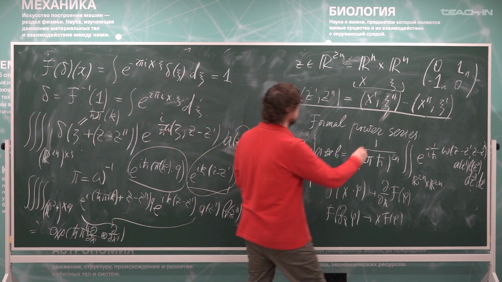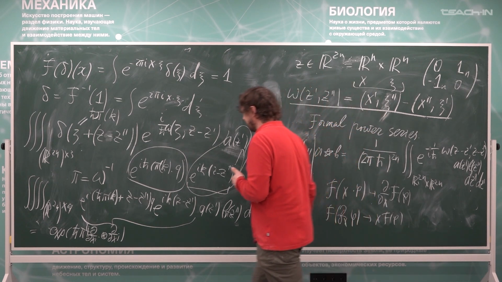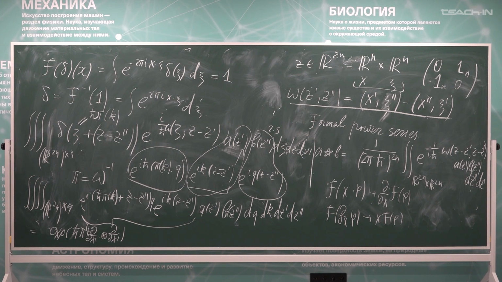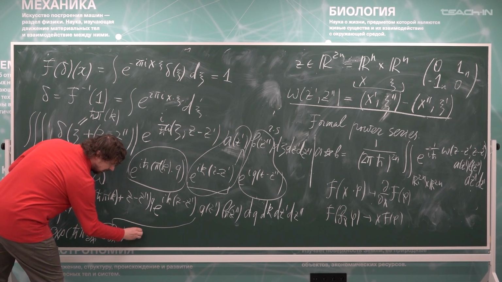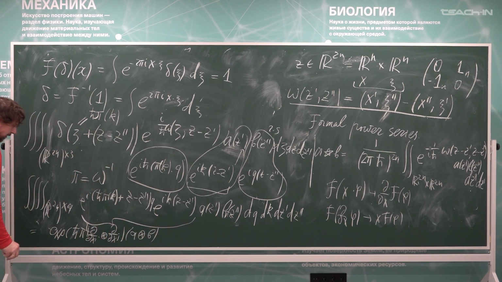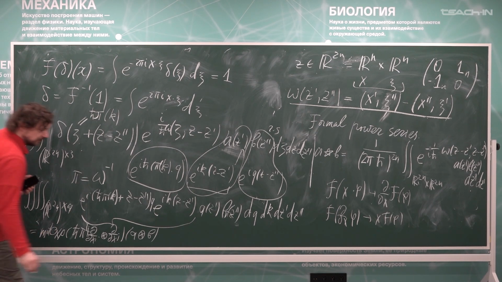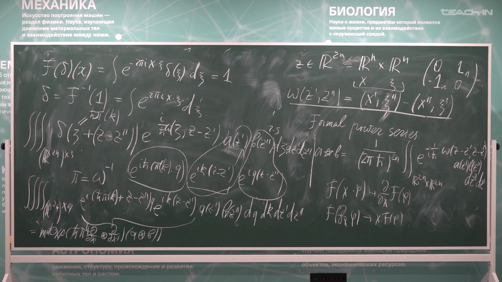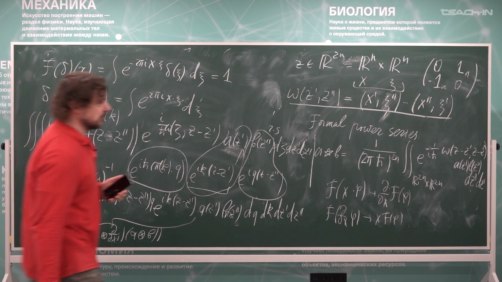So this x is just the coordinate in R n, and this x is a coordinate on R 2n, and this is just for the sake of brevity. Then we apply it to A and B. The left leg of the tensor product we apply to A, and the right leg we apply to B. And then we multiply what we obtained. So this gives us a formal power series expansion of this star product.